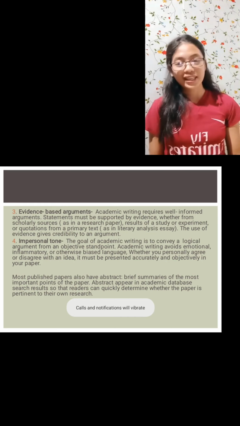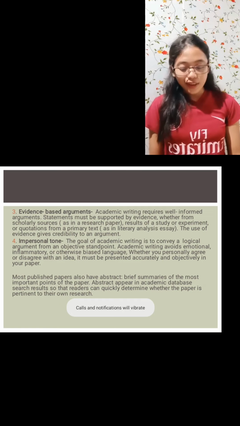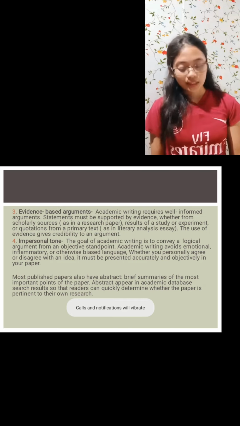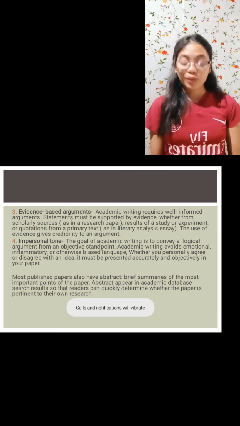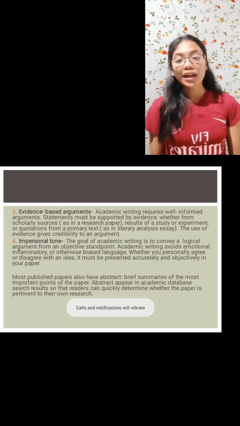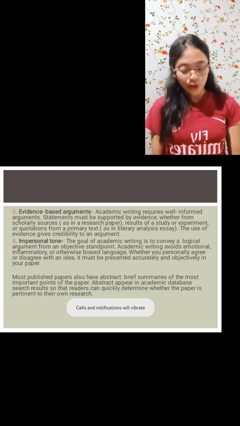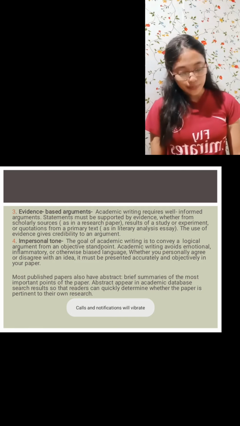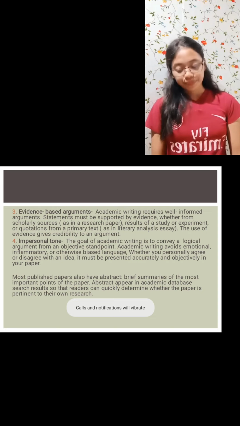The last characteristic that we should consider is the impersonal tone. The goal of academic writing is to convey a logical argument from an objective standpoint. Academic writing avoids emotional, inflammatory, or otherwise biased language. Whether you personally agree or disagree with an idea, it must be presented accurately and objectively in your paper.